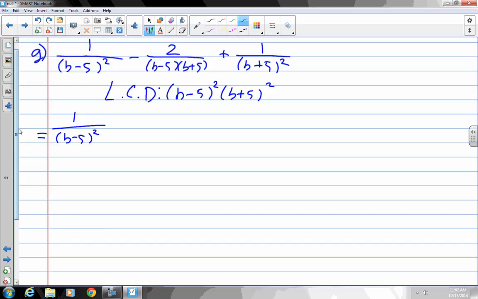So look at that first expression. What is the first denominator missing in comparison with the LCD? b plus 5 squared. You compare the original with the LCD. We're missing b plus 5 squared over b plus 5 squared.